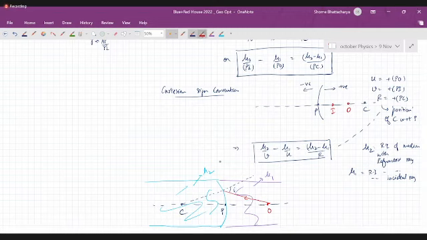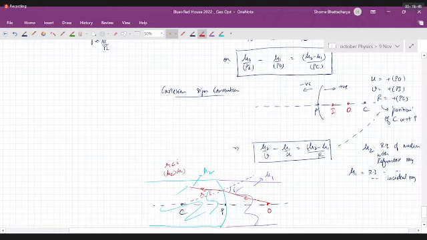Now let's assume in this case that it bends towards the normal. Bends like this, let's say. So r is becoming less than i because mu2 is greater than mu1.